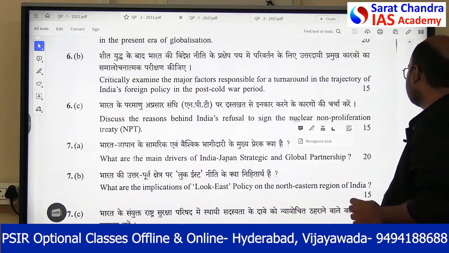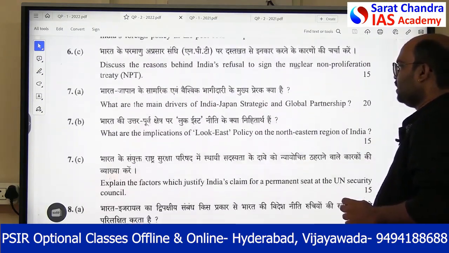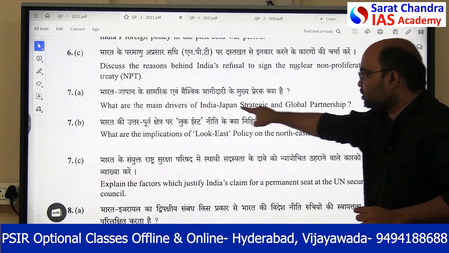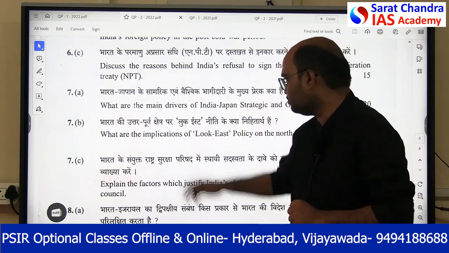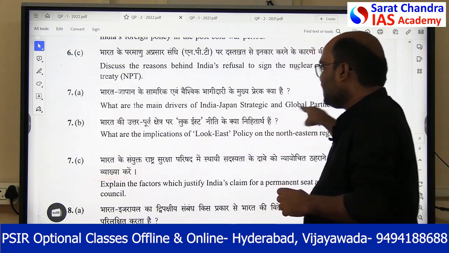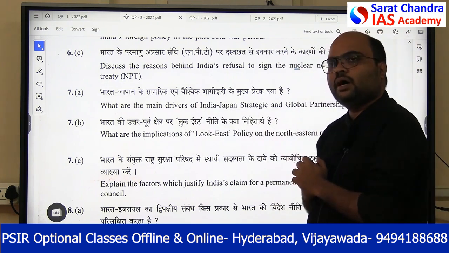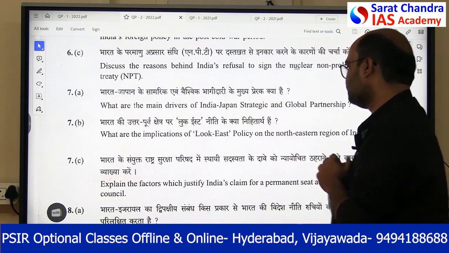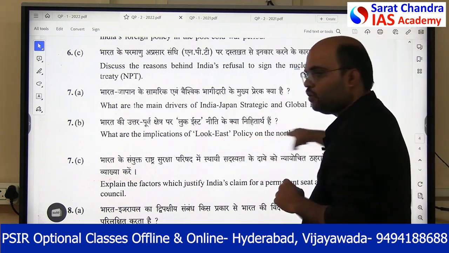About non-proliferation and nuclear issues, these questions can be asked. About our strategy with Japan, because Japan is considered a close ally of India even at present, what are the main factors making India's growing partnership with Japan? What are the implications of the Look East policy? Very important.